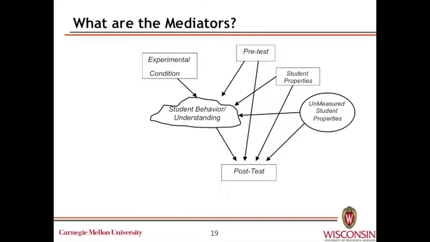And I had this pretest I measure, and I know the pretest and the experimental condition, right, are disconnected. And I have a post-test, and I presume that the pretest, right, has some influence on the post-test. And I presume that the pretest and the experimental condition are both going to influence something that the student would do differently, and some way the student might understand the material differently.